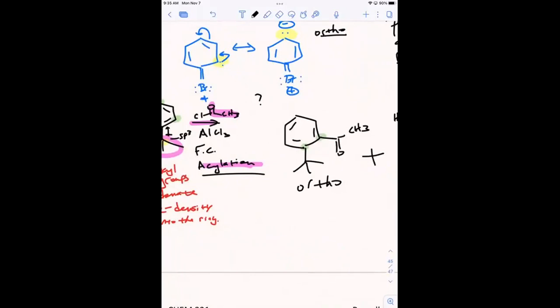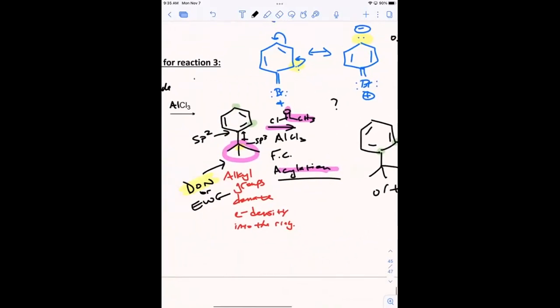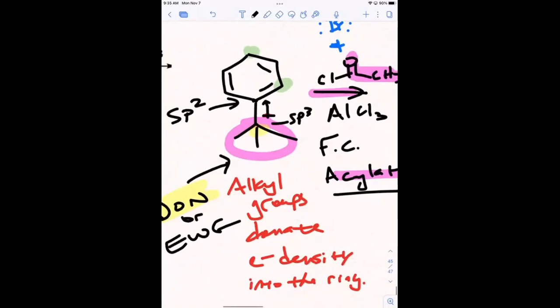Okay, and is that something that will work each time? Like if there's an acyl group added after, it will be the, you know what I'm saying? It's probably not good to remember it like that. Well, it depends on what's on the ring to start with. That's what determines the products, whether they're ortho or para or meta. I started with a ring that had an alkyl group attached to it. So that's a donor.